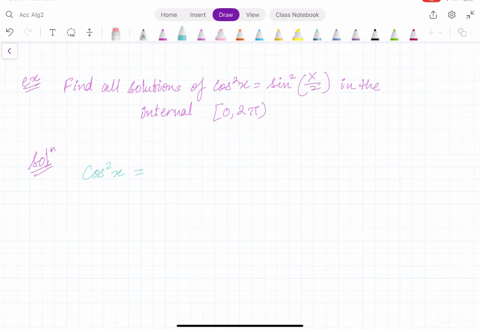Now cos squared x, okay, there is some glitch. Let me rewrite it again.